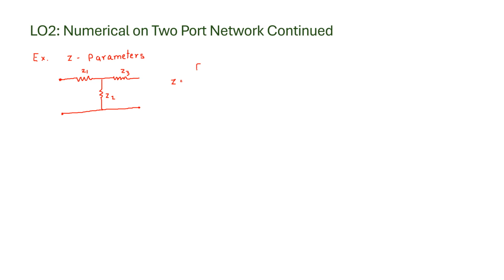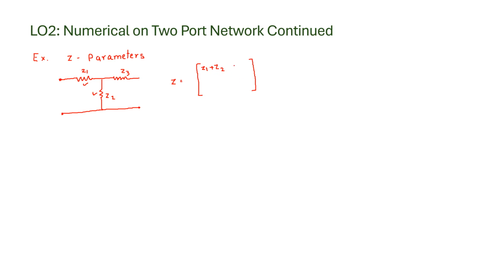Now, what are the Z parameters for this? Already I told in the previous class the Z parameters for this network. Z11, the first element of this Z matrix, will be Z1 plus Z2. That is this impedance value plus this impedance value will give you Z11.